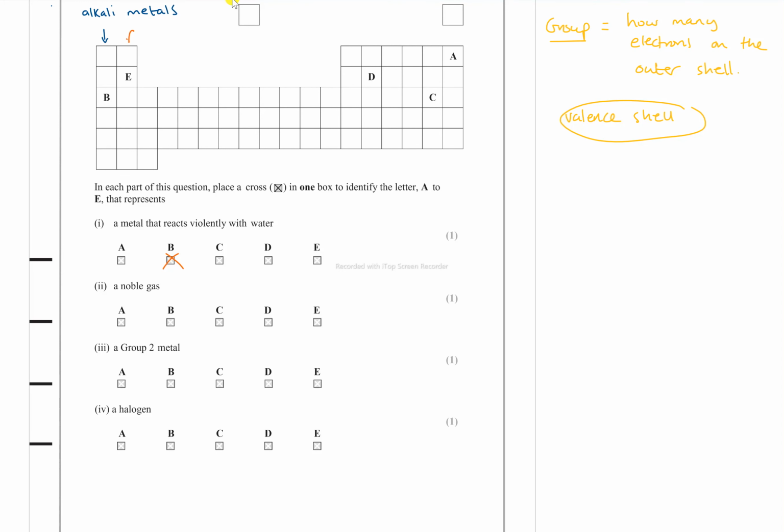Group 2 are called alkaline earth metals. You have to know this. Group 7 are called halogens. Group 0 are called noble gases. There you go. A noble gas will be A.